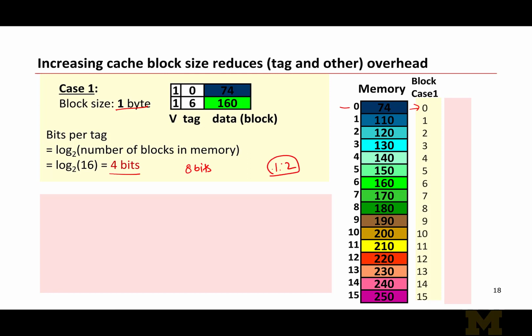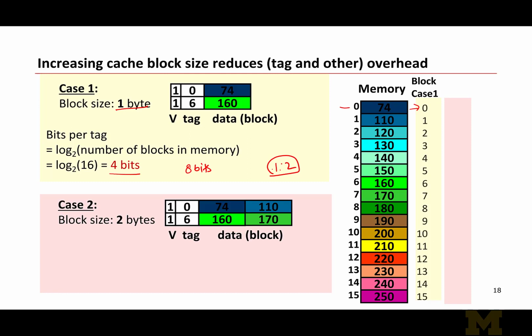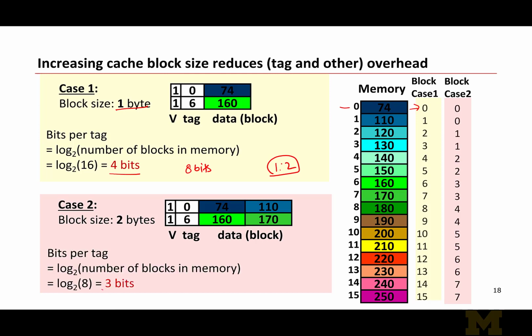If you also add valid bits and the overhead of LRU bits, which I'm ignoring at this point. But I improved this design by increasing the size of the block to 2 bytes. And when I did that, now I have more information stored as part of each cache line. And so now I need only 3 bits for the tag.